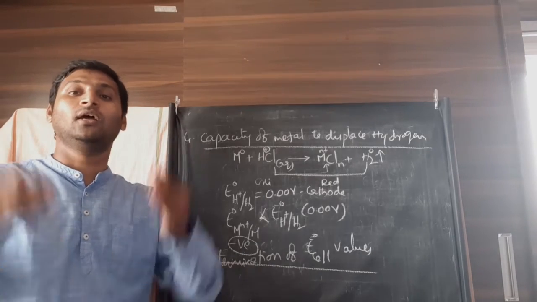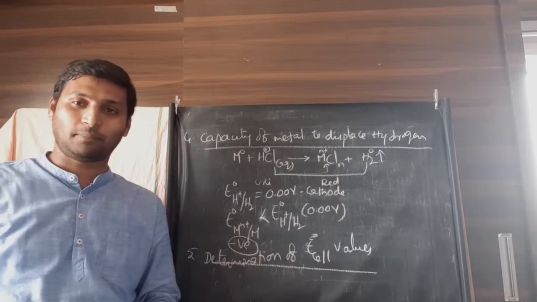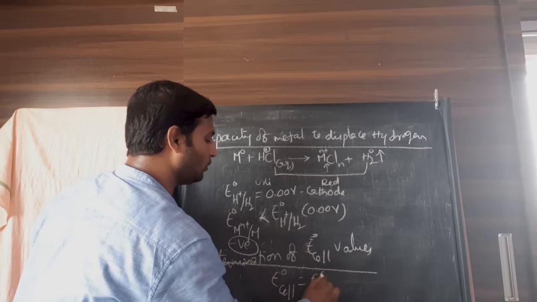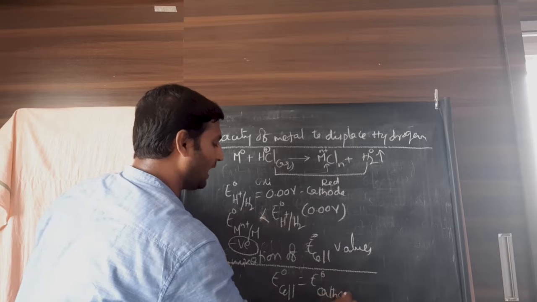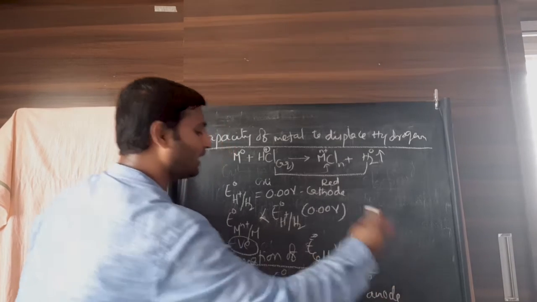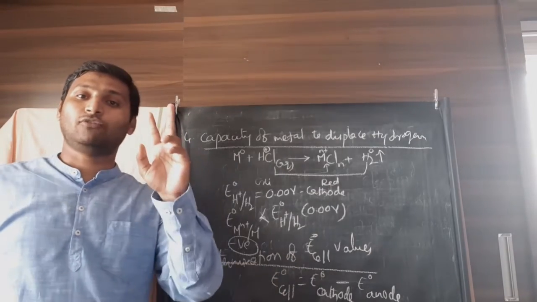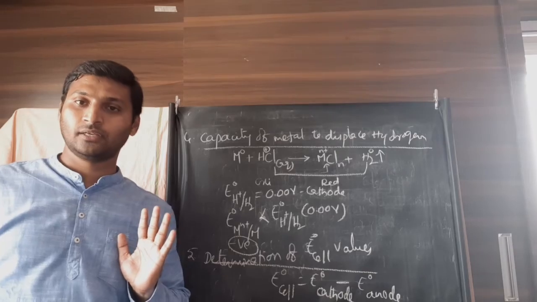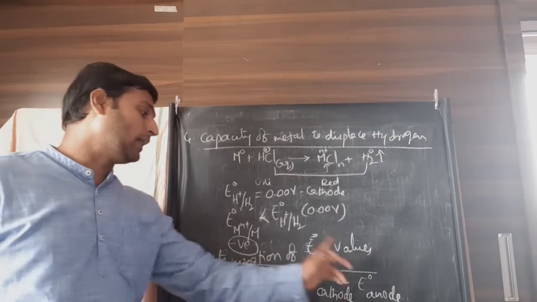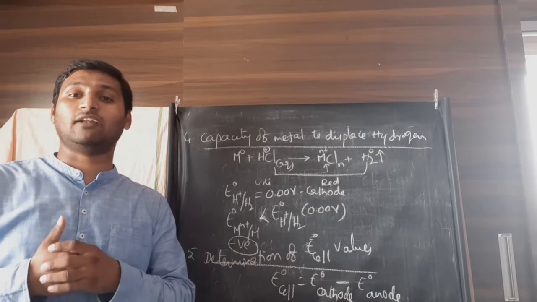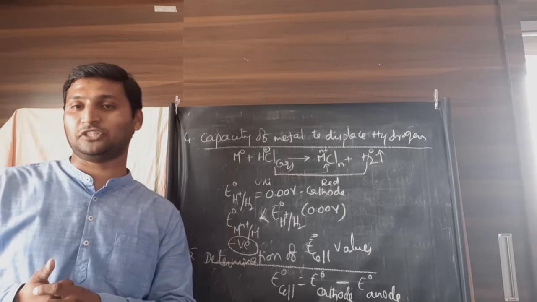The electrochemical series gives you SRP values and you know the formula: E naught cell is equal to E naught cathode, the one having more potential, minus E naught anode, the one having lesser potential. So for any combination of two redox couples from that list, you can calculate the standard cell potential. Accordingly, you can tell which cell will be more efficient, which cell will be less efficient.